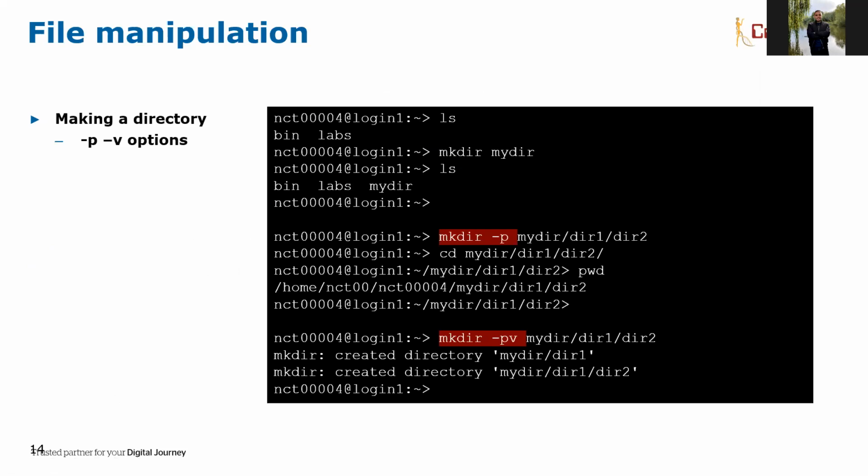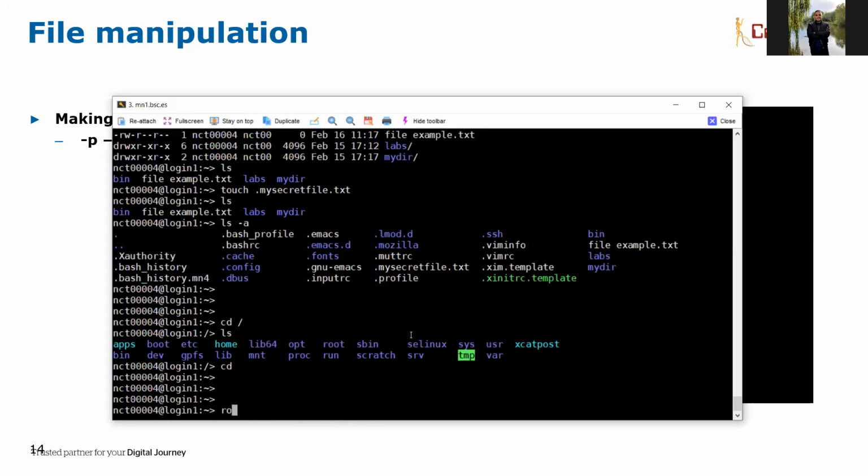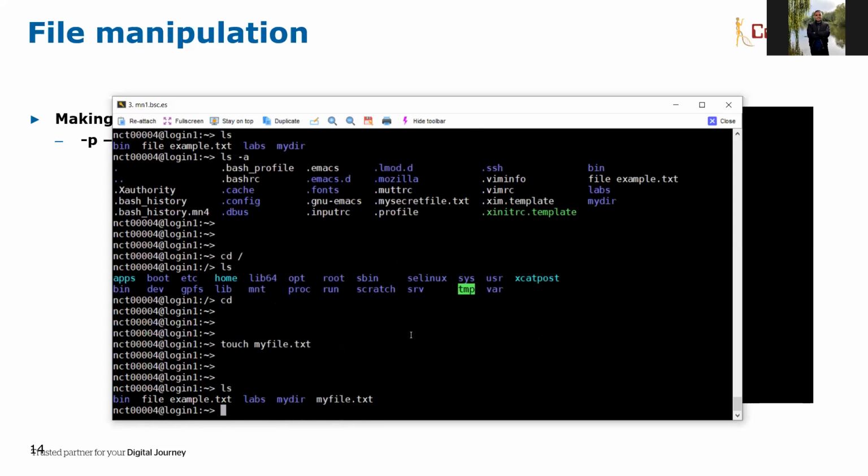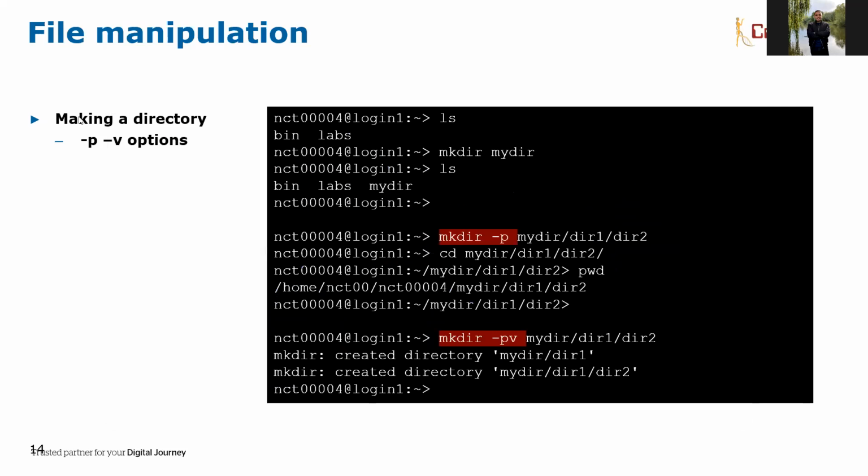We will see how we can create directories. We have seen how we can create files using the touch command, touch myfile.txt. And now we'll see how to create a directory. The command to do that is mkdir.